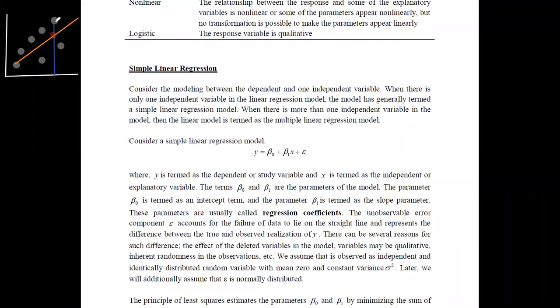Instead of this value, we have obtained this value on the fitted line. Therefore, there is a difference between the actual value and the realization of the y value, meaning the fitted value of y. In such situations, we can say that this is the error due to this regression. This is the term we call epsilon, and for the ith observation we can say this is epsilon i.